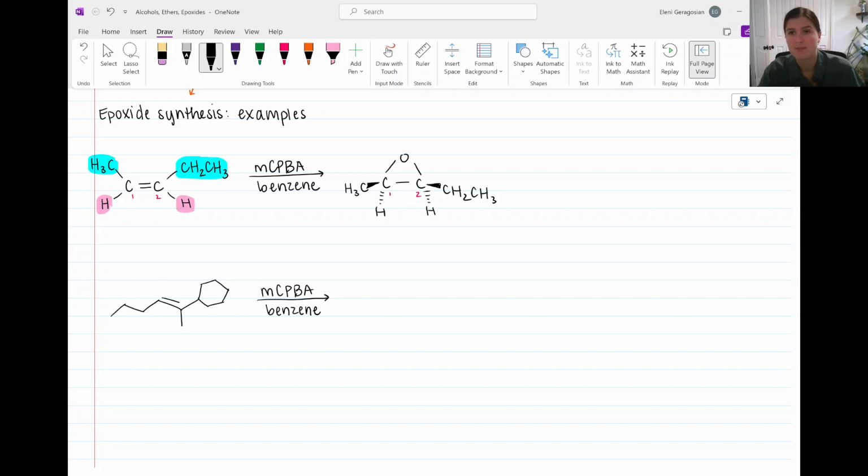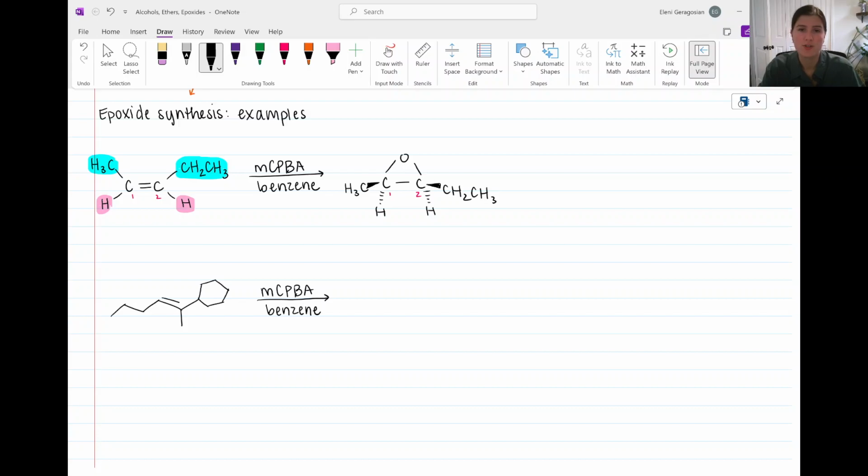Now it's important, I skipped over this, but if we look at carbon 1, carbon 1 in the product is bonded to a hydrogen, a methyl, an oxygen, and that longer carbon chain. So that's 4 different groups. We know it's a stereocenter.